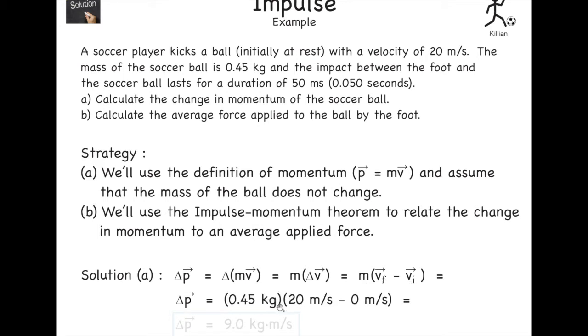At this point we can just plug in numbers: 0.45 kilograms times 20 meters per second, final velocity, minus 0 meters per second, initial velocity. Plugging those numbers into a calculator, we get 9 kilogram meters per second. All right, so that's it. We've calculated the change in momentum.